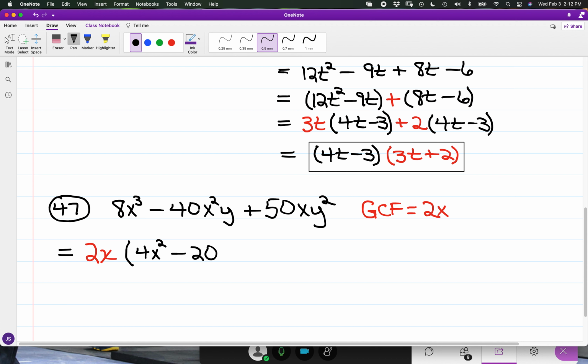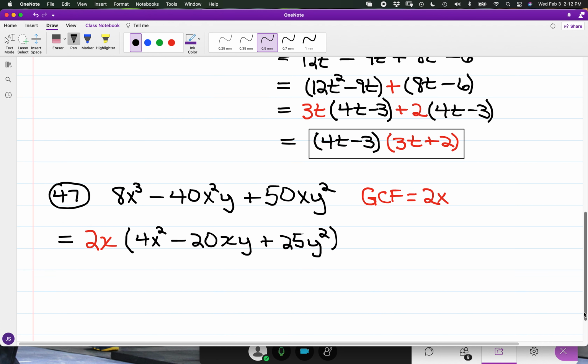Now for x into x squared, there's still a degree in x left over. And you have y to be brought down. And for the last term, 2 will go into 50 25 times. And we already have the x present, so x into itself is 1. But from 50xy squared, you still have the y squared to be brought down.